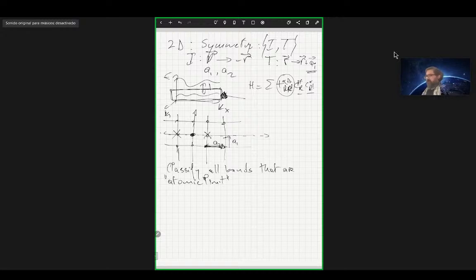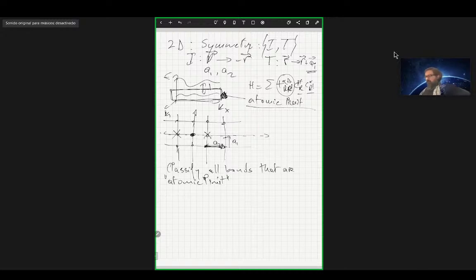If this band is an atomic limit, it will have some universal properties that cannot change unless this band is not an atomic limit. So we can basically give a characteristic of all the atomic limits in the symmetry group, and in fact in all the 230 symmetry groups, but I'm focusing on this one.